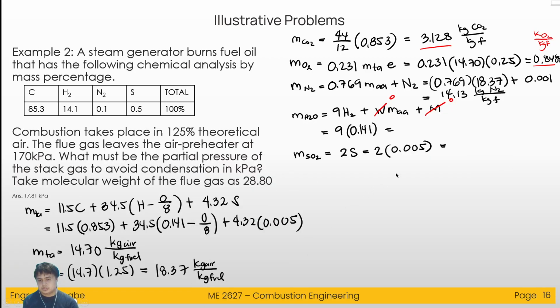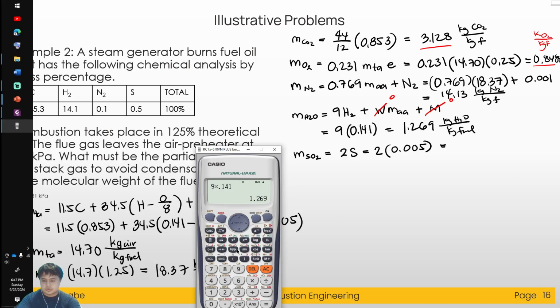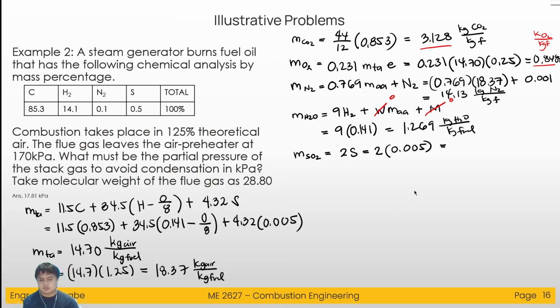Okay, 1.269 kilogram H2O per kilogram of fuel. So sulfur dioxide, so 2 times 0.005, 0.01 kilogram of SO2 per kilogram of fuel.